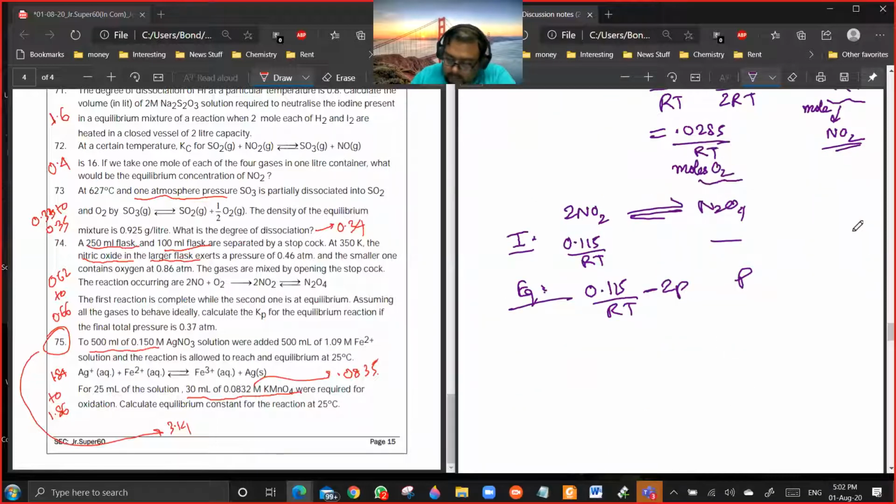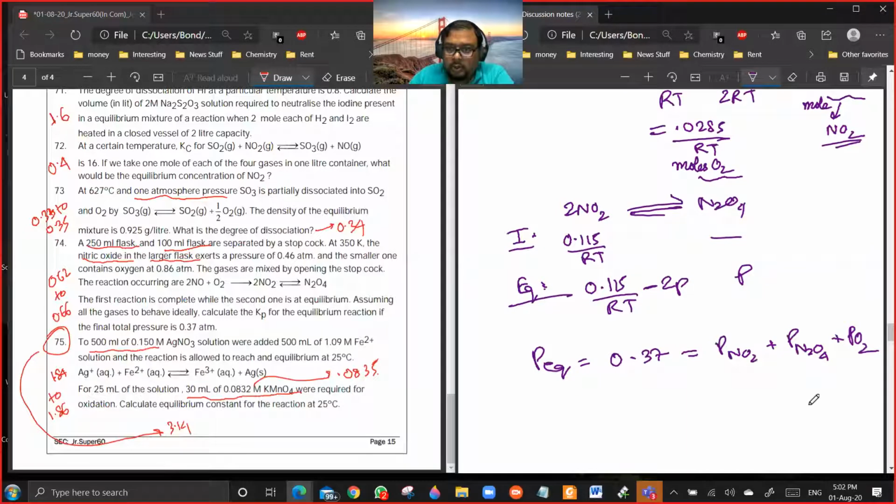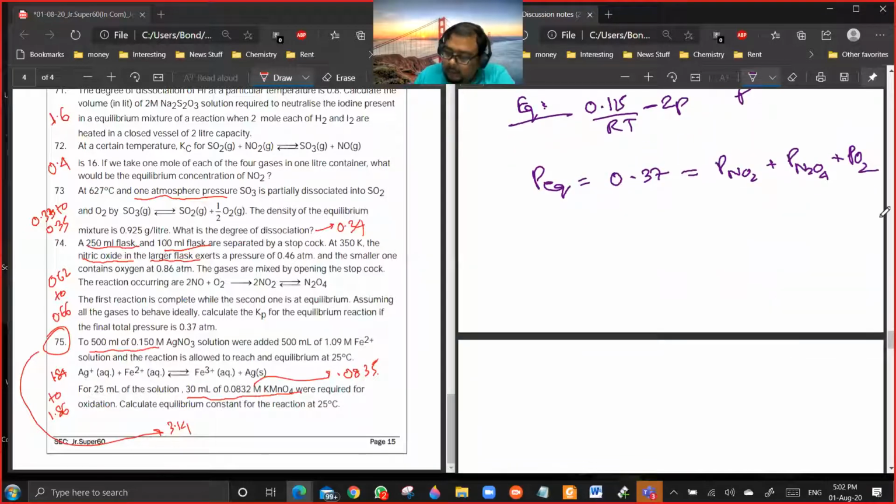Okay. And it is given that the total pressure is 0.37. Okay. That is equal to the pressure of NO2 plus pressure of N2O4 plus pressure of O2 also. Plus at equilibrium O2 is also there. Okay, it is silent but it is there.